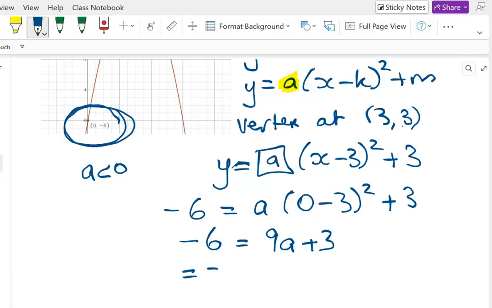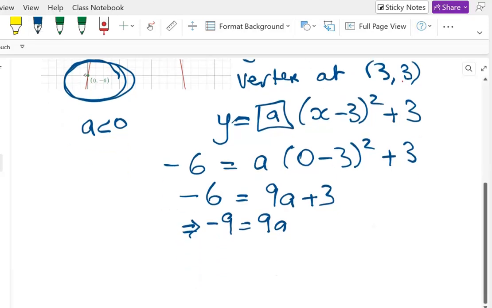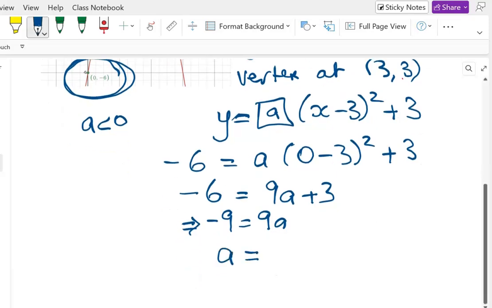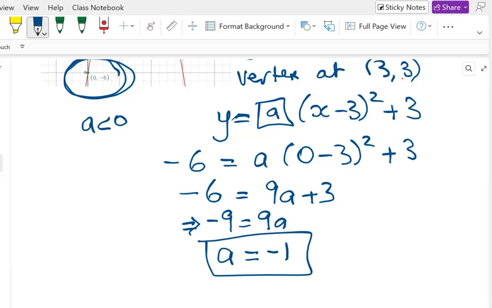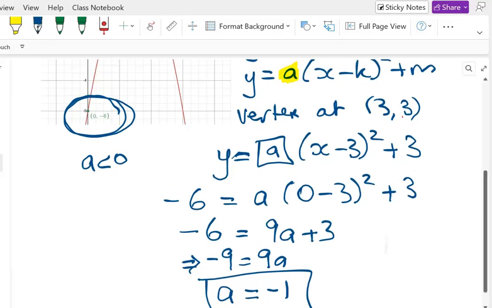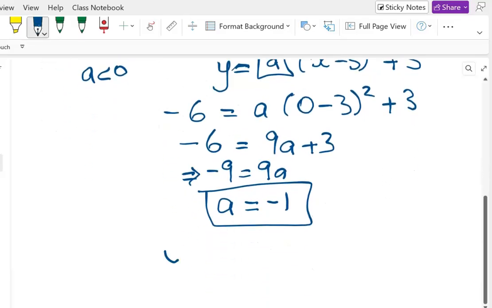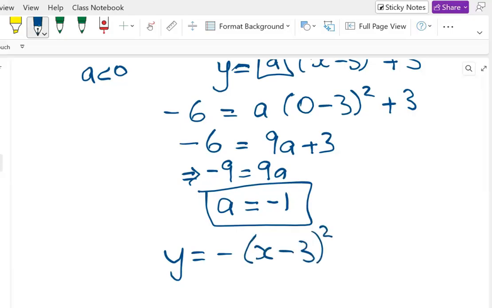That gives me negative 9 is equal to 9a. And I'm getting an a of negative 1. So it hasn't been stretched, but it is upside down. Now let's have a look and see if that works. That's giving me for the equation y is equal to negative (x minus 3) squared plus 3.